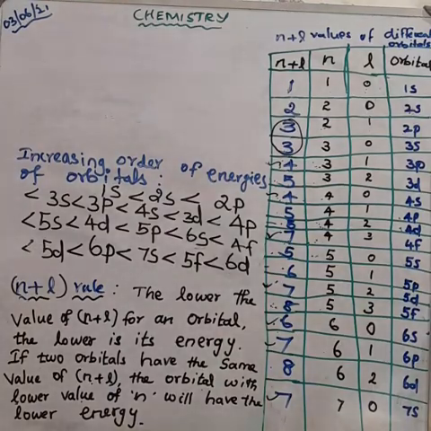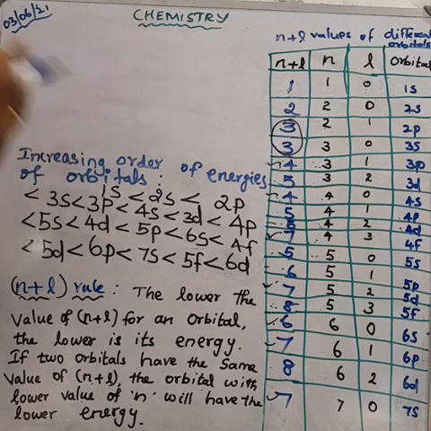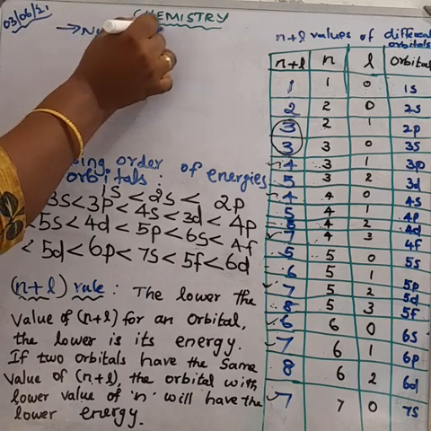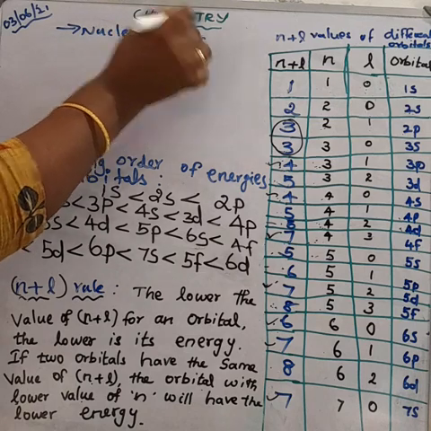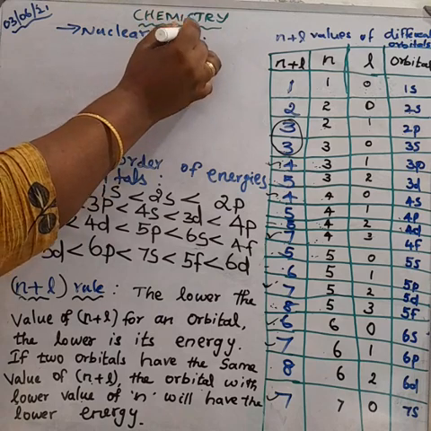Okay, students, now we are going to study the forces acting among the nucleus and electrons, and among the electrons and electrons. The electrostatic force of attraction, also called the nuclear force or effective nuclear force, acts between the nucleus and electrons.